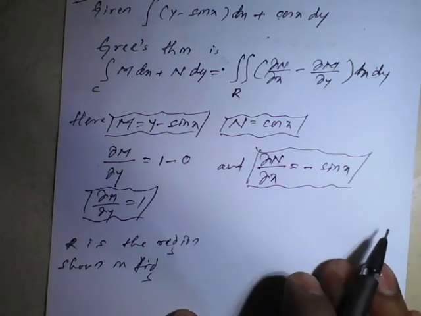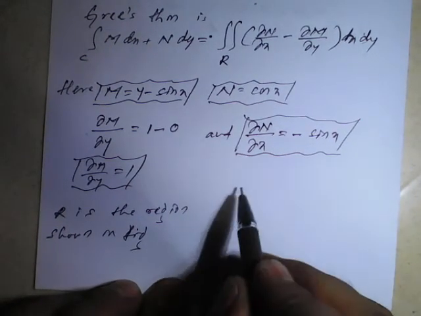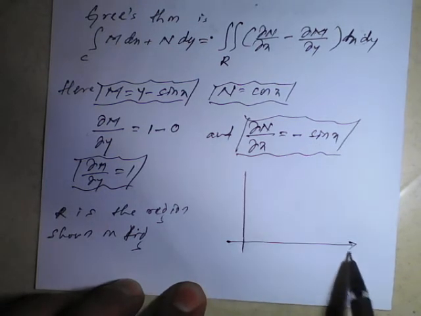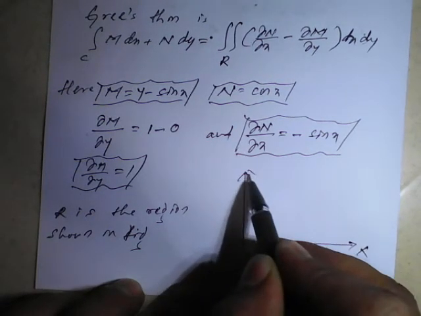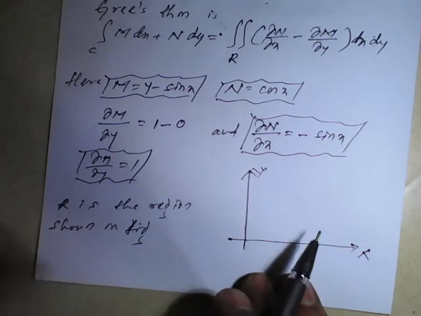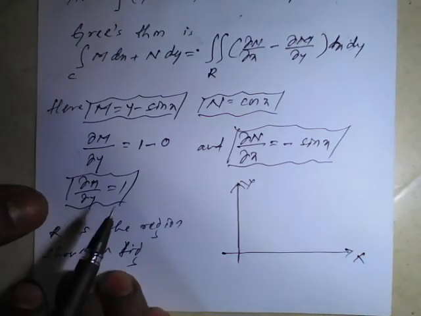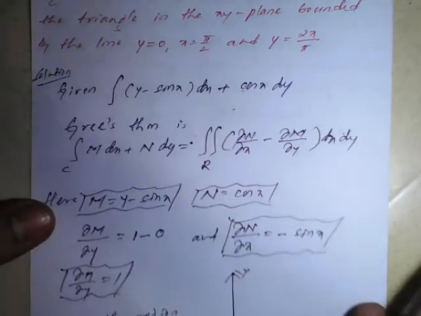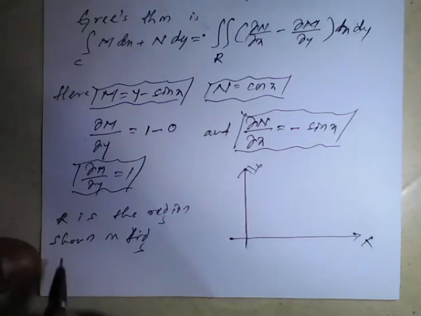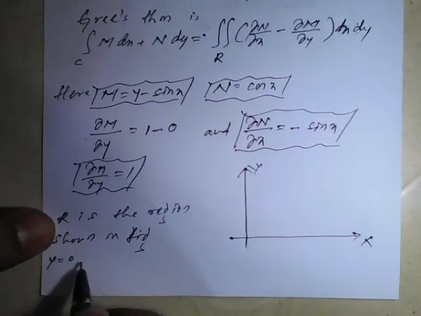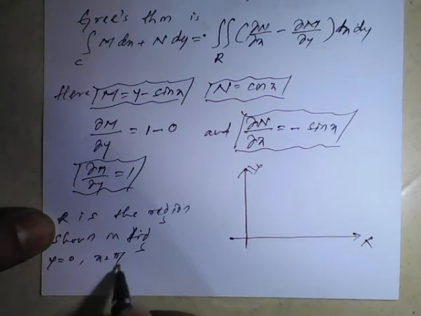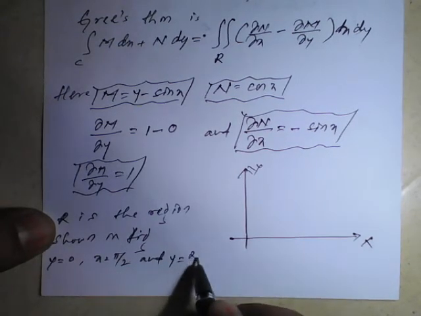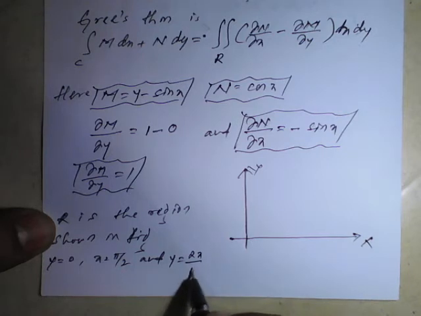You need to draw the xy plane. Collect what they have given from the question first: y is equal to 0, x is pi by 2, and y is equal to 2x upon pi.